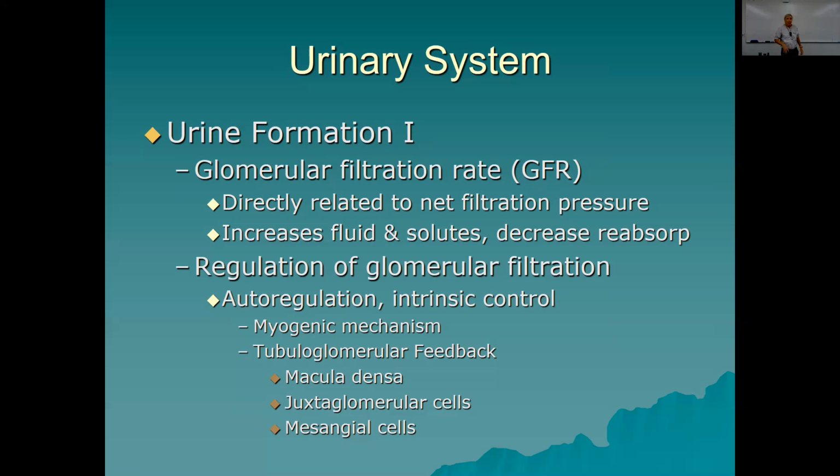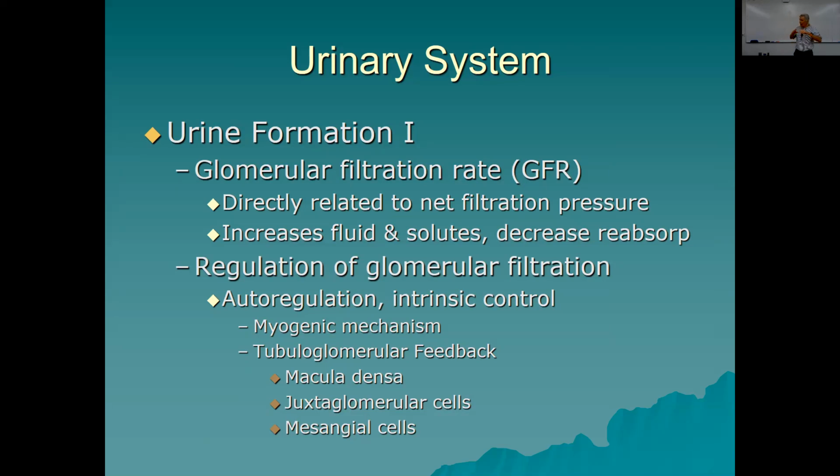What you need on top of that, as part of autoregulation, is what's called tubuloglomerular feedback, and this involves the juxtaglomerular apparatus. The macula densa, the juxtaglomerular cells, which they call the granular cells, also the mesangial cells.